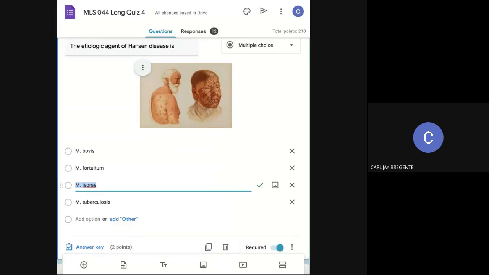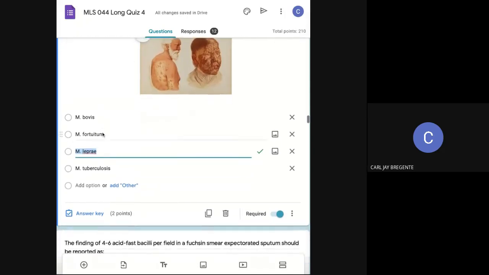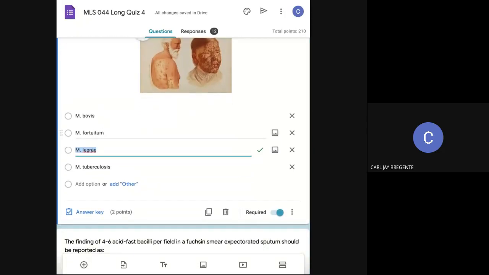In order to differentiate the two, lepromatous type is negative in the skin test, the lepromin skin test, while tuberculoid type is positive.